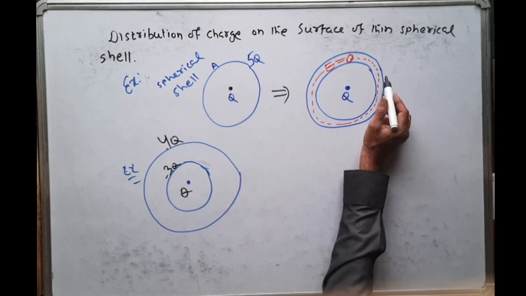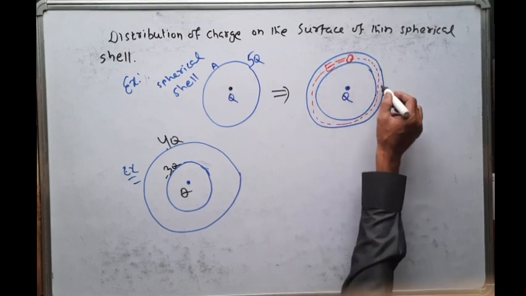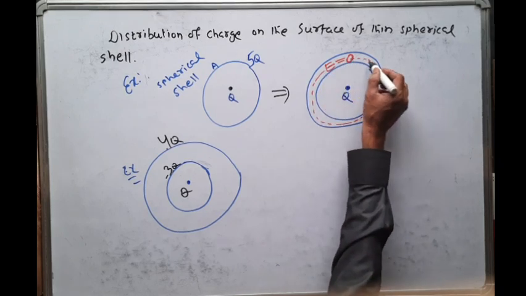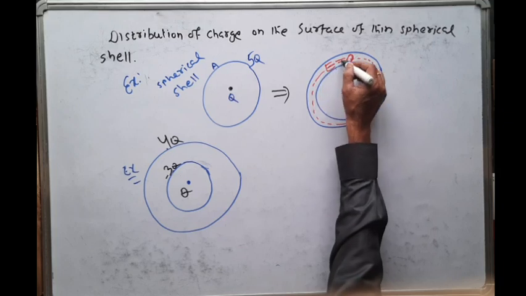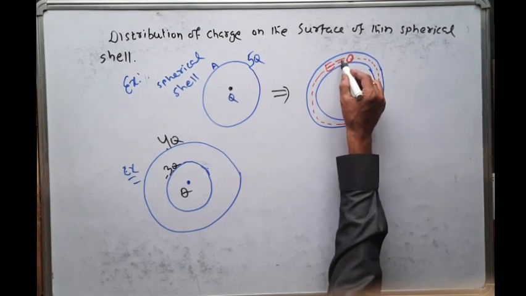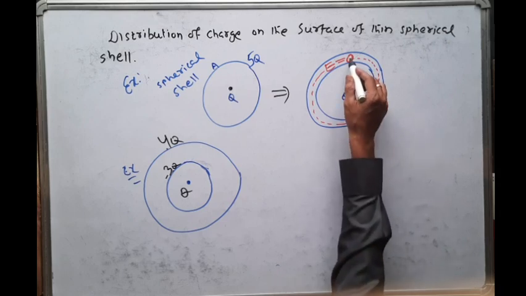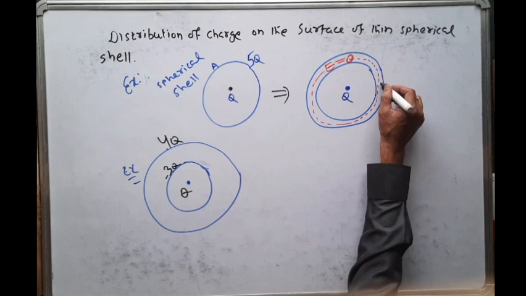Now see, I have already told that for an electrostatic condition, the electric field intensity inside the conductor is 0. So in the dotted portion, which is an internal point of this shell, the electric field is 0. So if the electric field is 0, we can apply Gauss law for this surface.